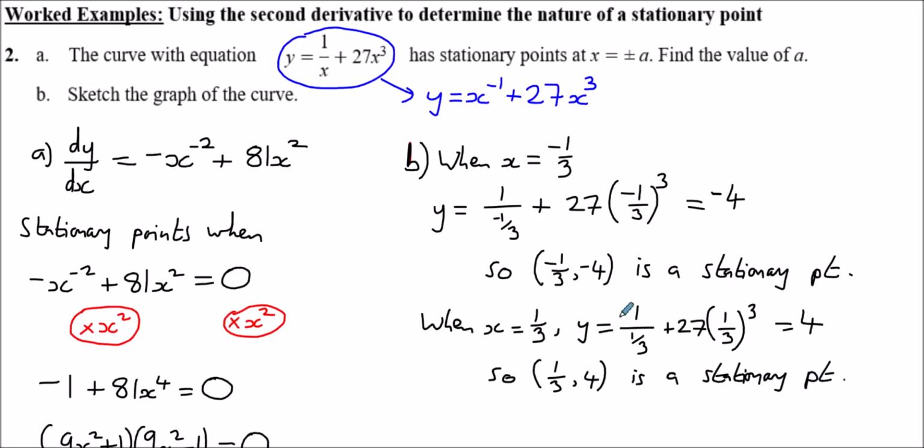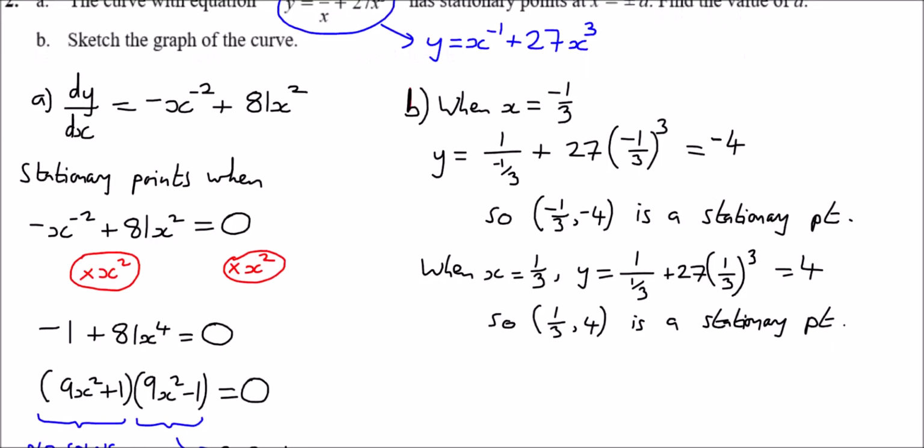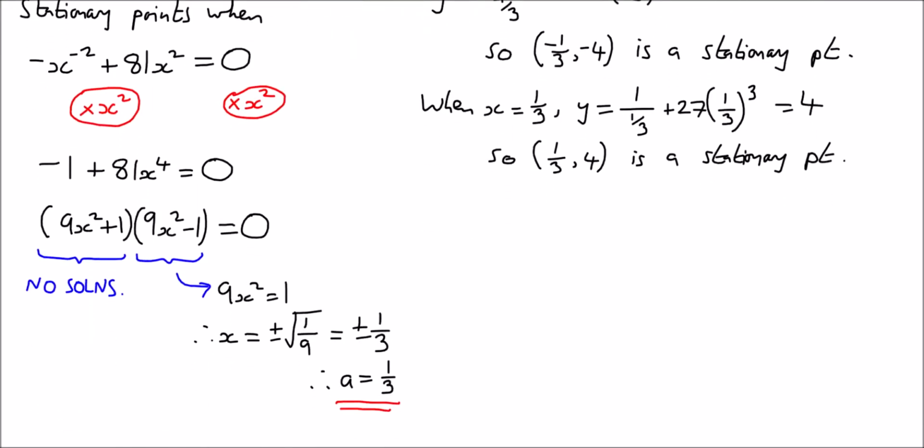So now we can begin to build our sketch. So we've got the coordinates of our stationary points. So let's just fill in an x and y axis. So we have a minimum at 1/3 and 4. Let's just sketch it in there. And a minimum at minus 1/3, minus 4.